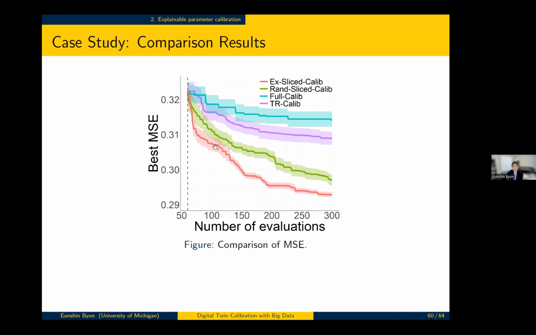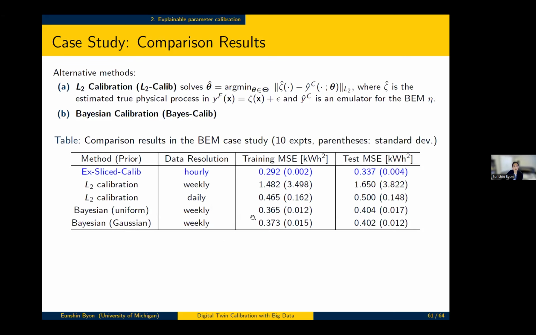You can see that we were able to reduce MSE at any number of evaluations compared to other approaches. We also compare the performance with L2 calibration, which is the frequentist approach, and also Bayesian calibration. In this building energy model case study, we were able to get much smaller MSE in both training and testing sets.